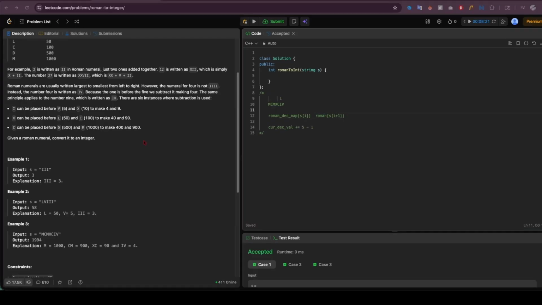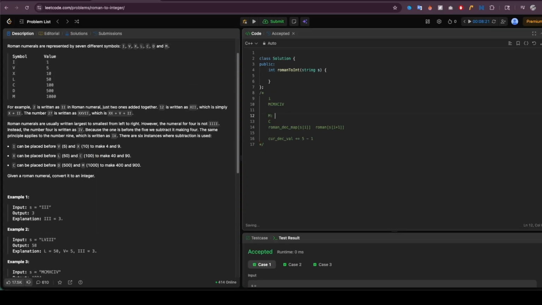We're going to have two cases. For the first case, we have i equal to M and the next one equal to C, with M equal to 1000 and C equal to 100. If this one is greater than the next one, we just add 1000 instead.